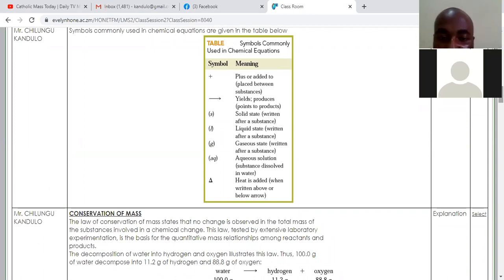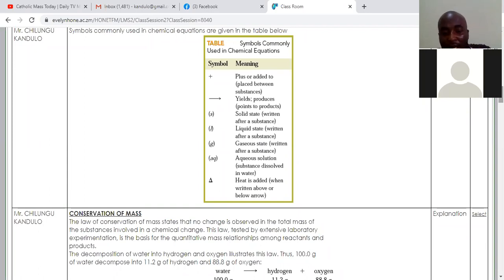The S means solid state, L liquid state. So L is what you put on bromine, mercury, water itself, and other liquid compounds. You put L if it's at room temperature, because sometimes if the temperature is so high, you may find that even whatever is liquid has vaporized.